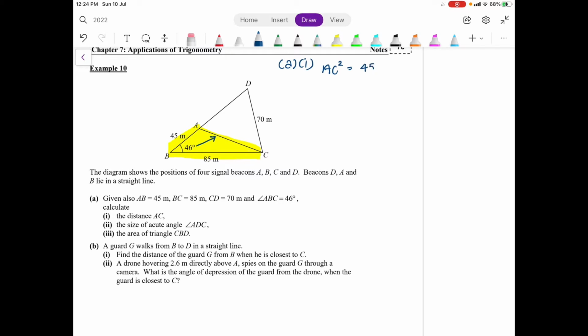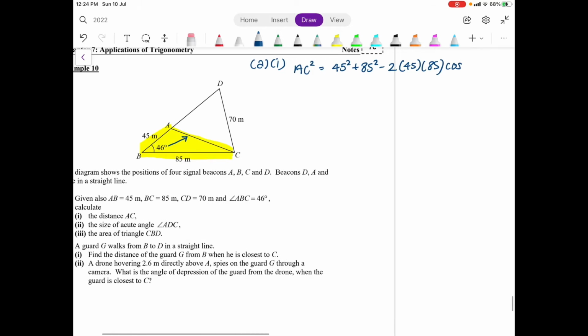AC square equals 45 square plus 85 square minus 2 times 45 times 85 cosine, because it's cosine rule, cosine 46 degree. Let's press your calculator. I need this value. This is the second working mark.